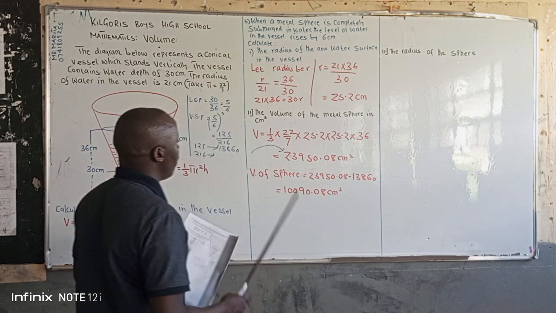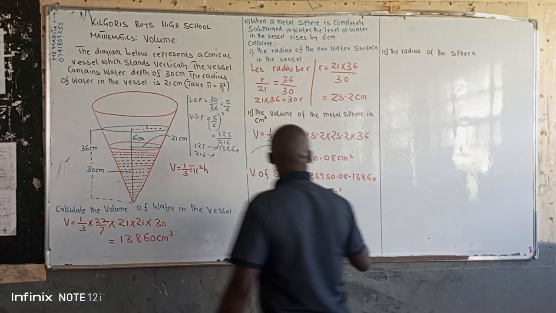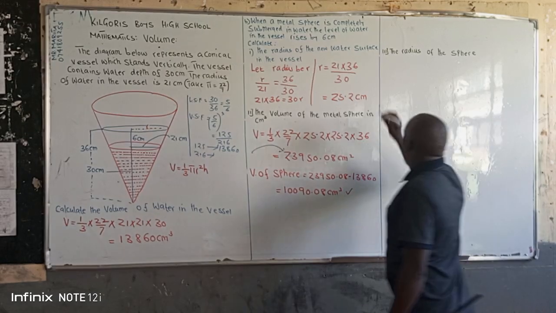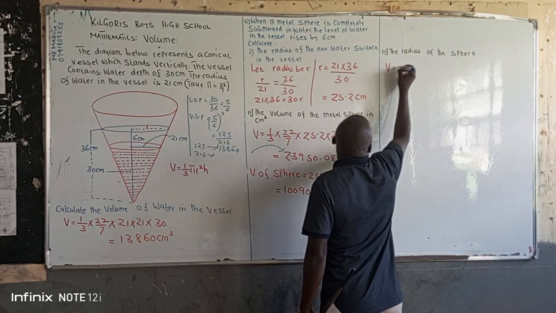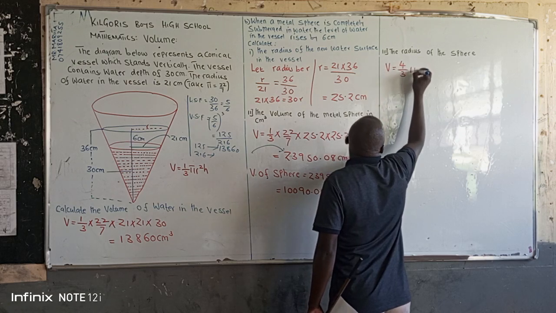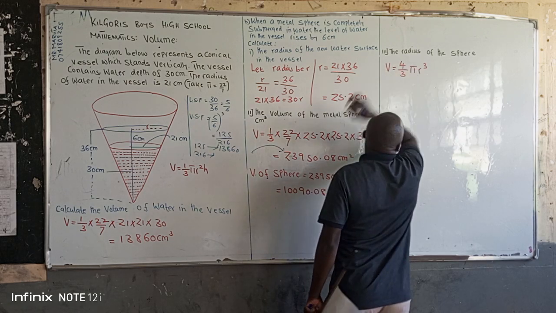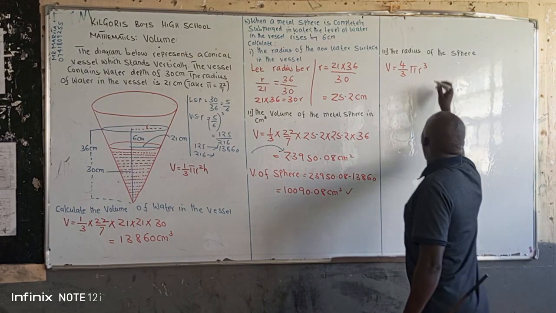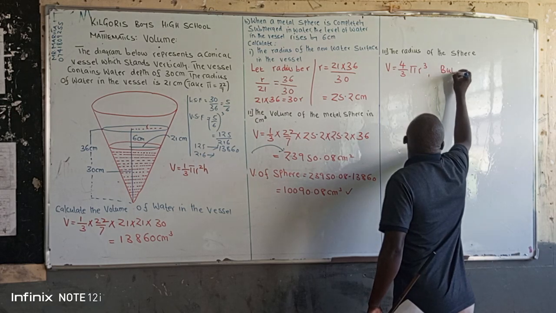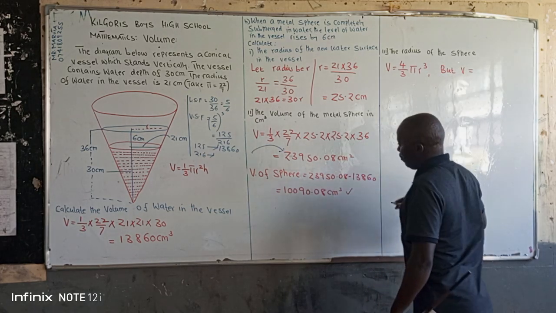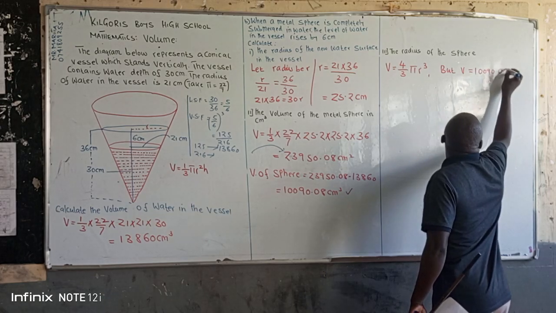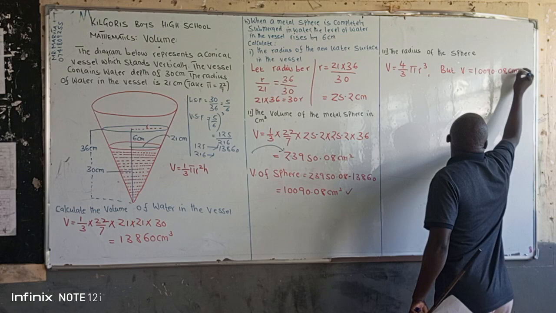To get the radius of the sphere, now that we have the volume of this sphere, we know that the volume of a sphere is given by 4 over 3 pi r cubed. But we know that the volume is equivalent to 10,090.08 cubic centimeters.